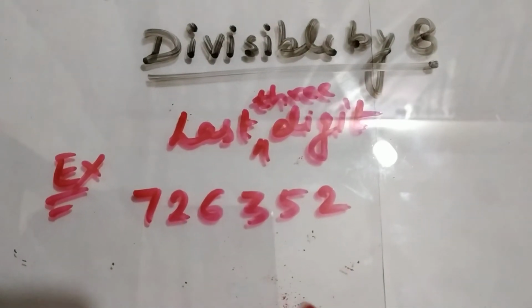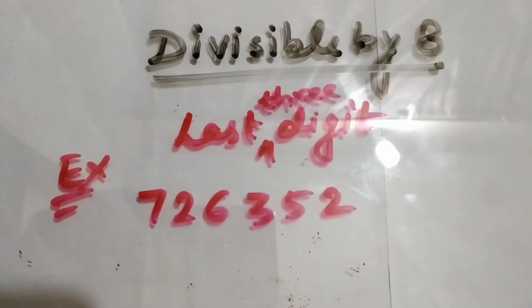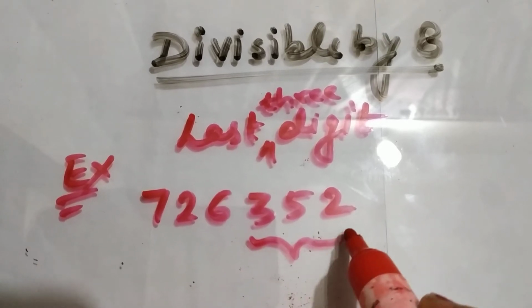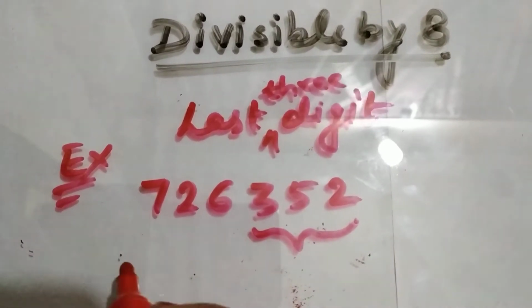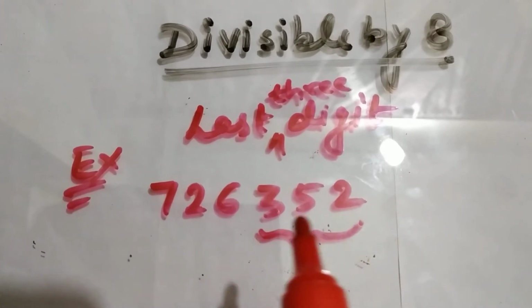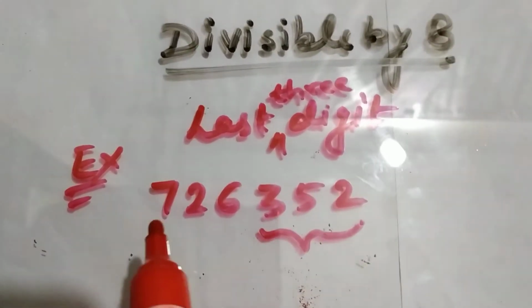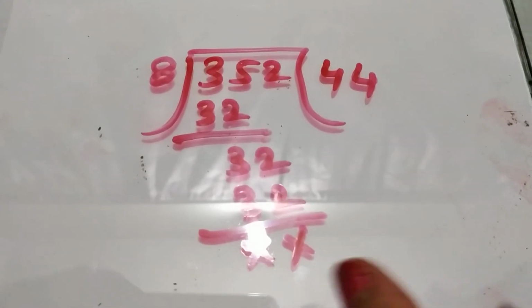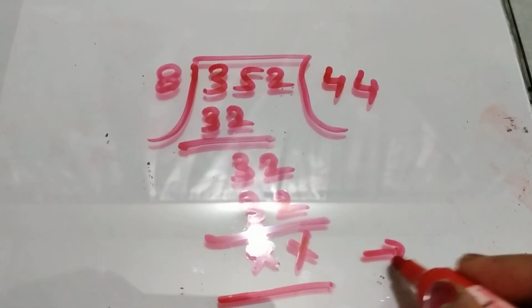We want to check whether the number is divisible by 8 or not. So just take the last 3 digits, 352, and divide. If 352 is divisible by 8, the whole number is divisible by 8. Now you can see there is no remainder, the remainder is 0.